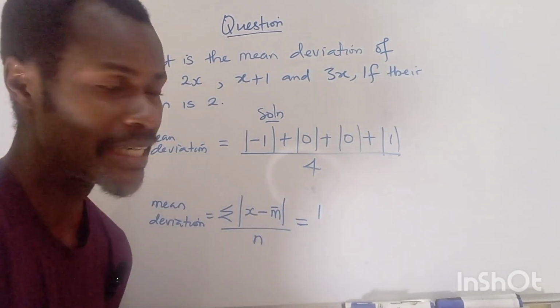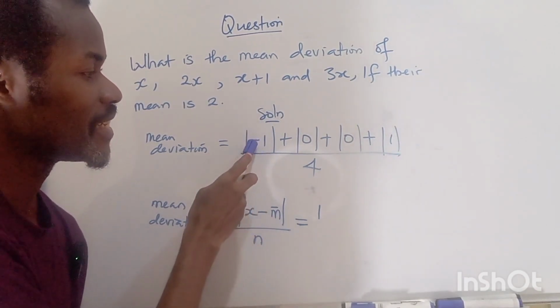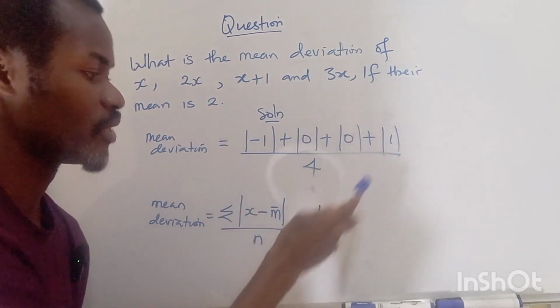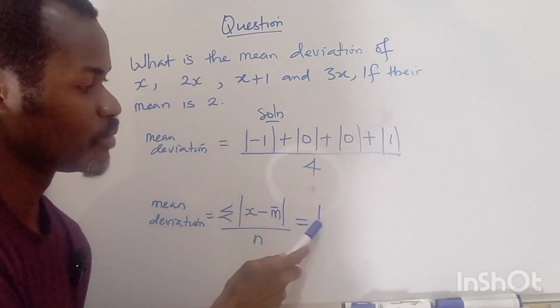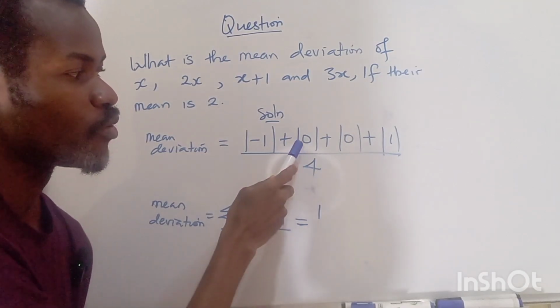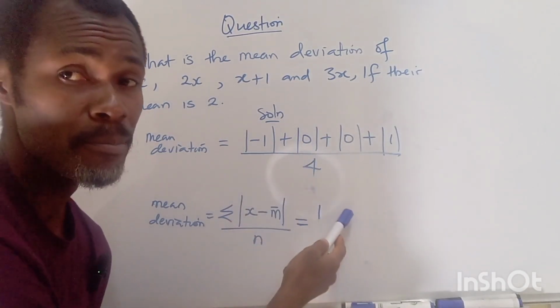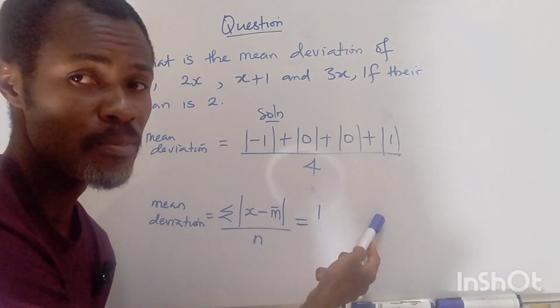Now what do I mean by that? When you're removing these signs, any negative number we see becomes a positive. So if this is minus 1, it becomes plus 1. If we have minus 2, it will become plus 2. If we have minus 3, it becomes plus 3.